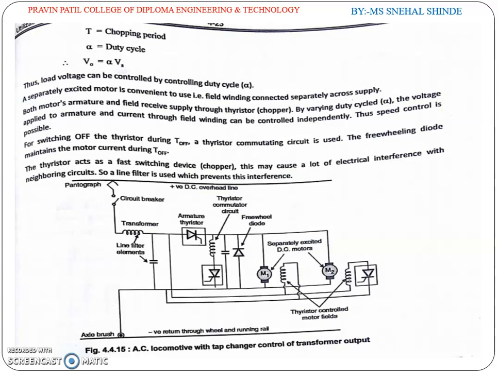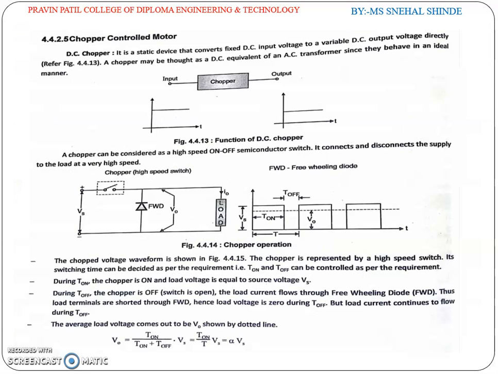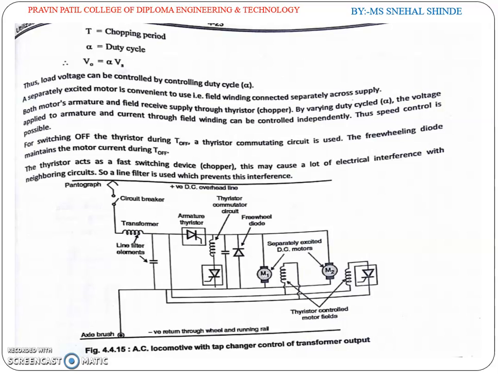Duty cycle is given by the equation T on upon T. This equation is the duty cycle, alpha. By changing the duty cycle, we can make the changes. For switching off the thyristor during T off, a thyristor commutating circuit is used.